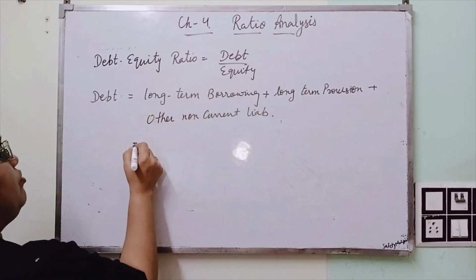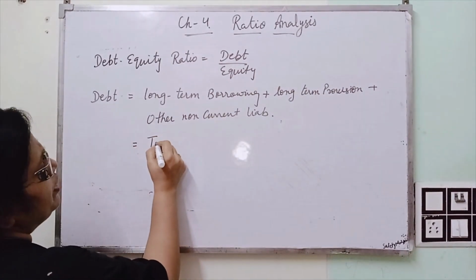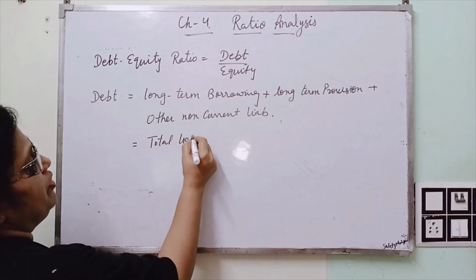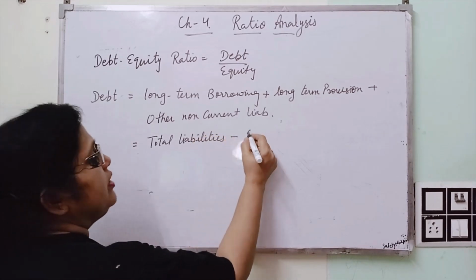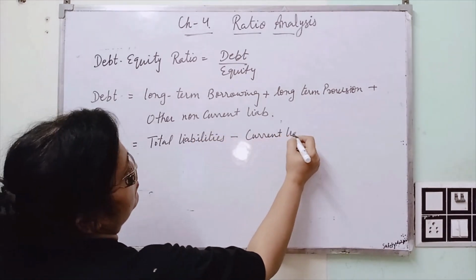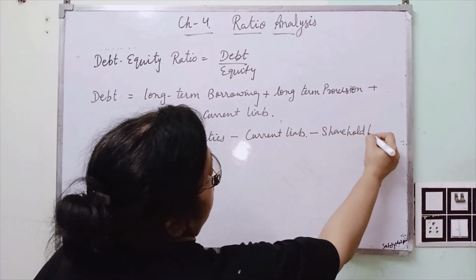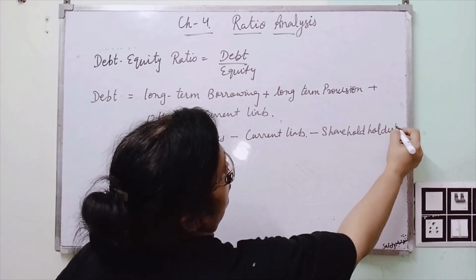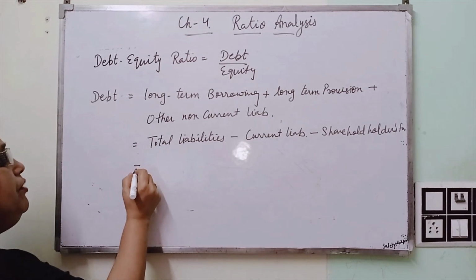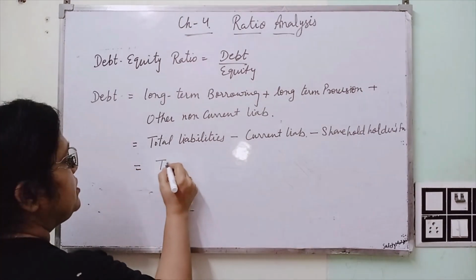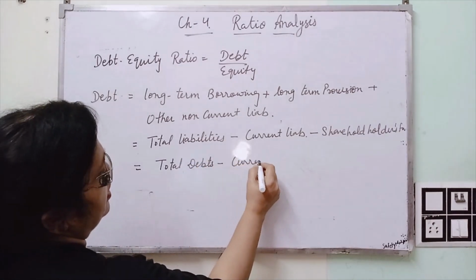It can also be calculated with another formula, that is total assets, or we can say total liabilities. First of all, we are taking the formula for total liabilities. Total liabilities minus current liabilities minus shareholders fund. Clear? Another formula for it is total debts minus current liabilities.